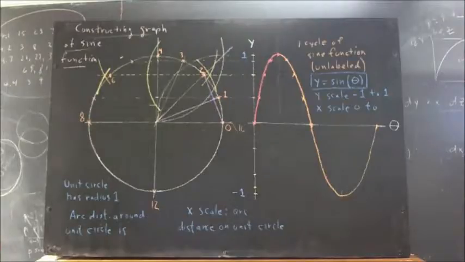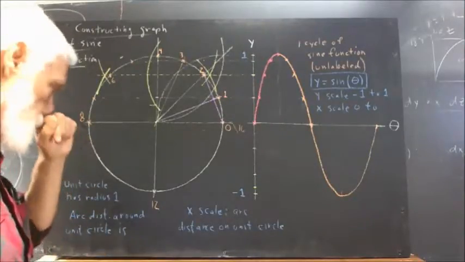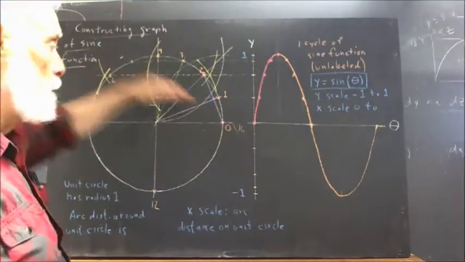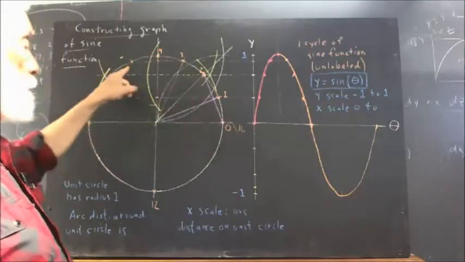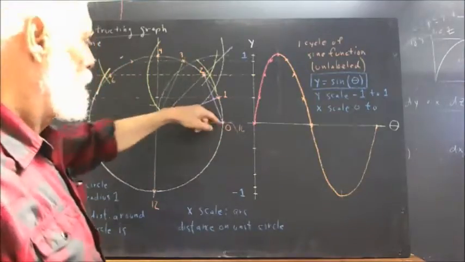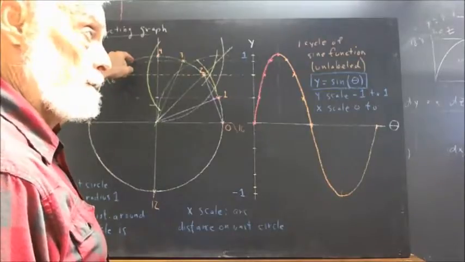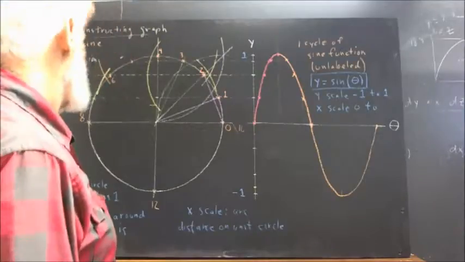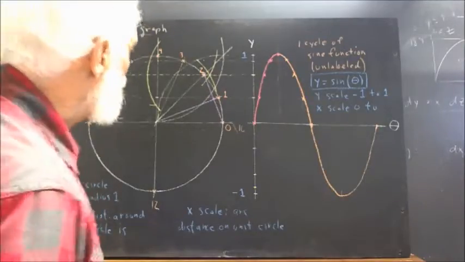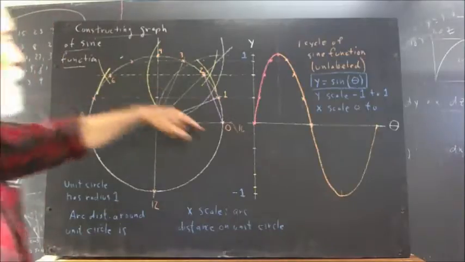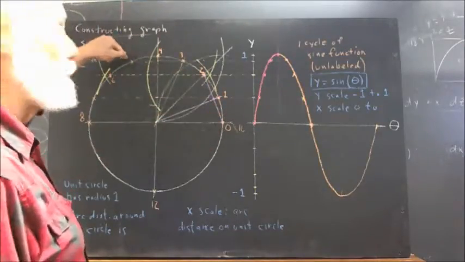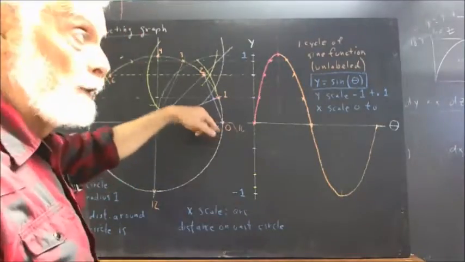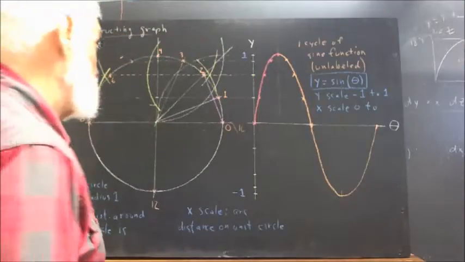Now the x scale is going to be this angle here, from here to here. We're going to identify that angle with how far we've got to go along the arc to get there. So how far do we have to go along the arc to get to this angle? Let's observe that this is halfway between 4 and 6, this is our 5th angle out of 16 into which we have subdivided the circle.